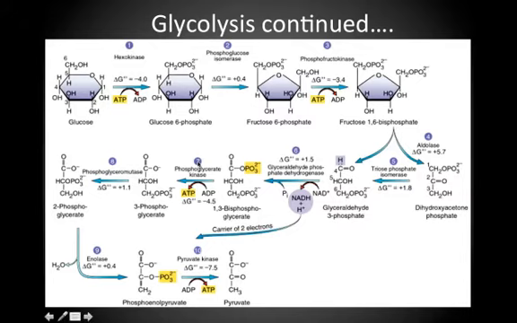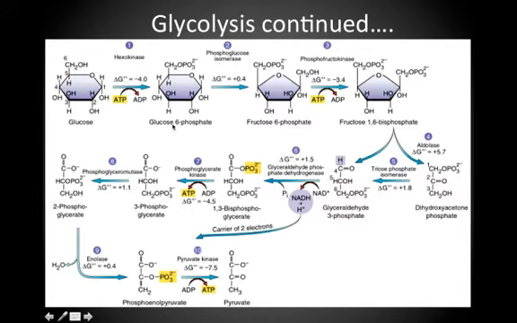So the point of this is to make glucose a high energy molecule by putting another phosphate on it. We change its form, it's called an isomer. Glucose and fructose both have the same chemical formula but different structures. It's done by an enzyme called an isomerase. Isomerases are enzymes that make isomers.